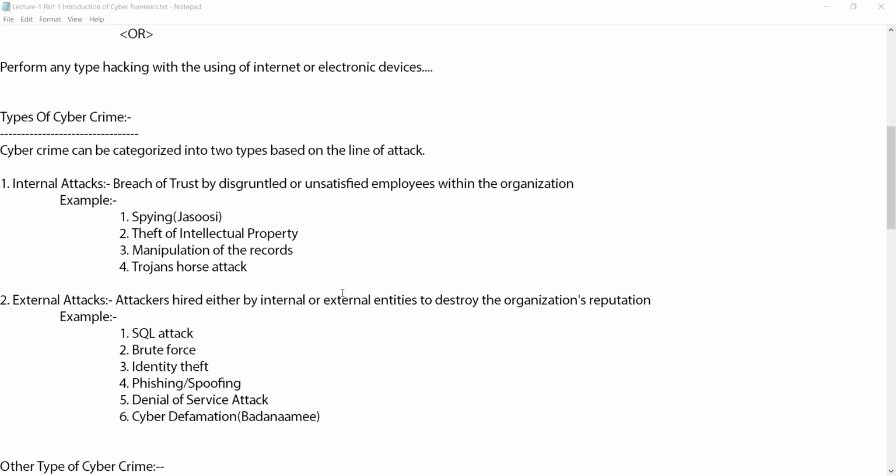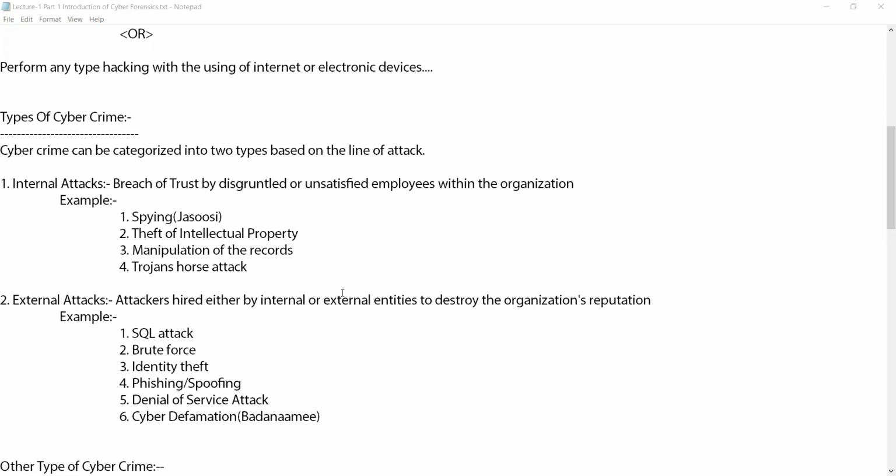Internal attacks are related to a breach of trust or an unsatisfied employee within an organization. If employees break the trust of the organization, or do some illegal acts in the organization, those attacks are included in the internal type of attack.